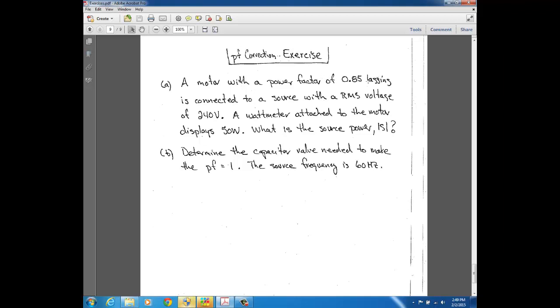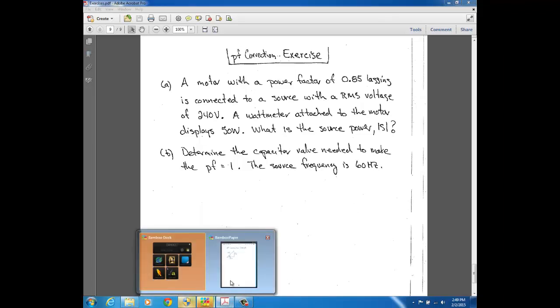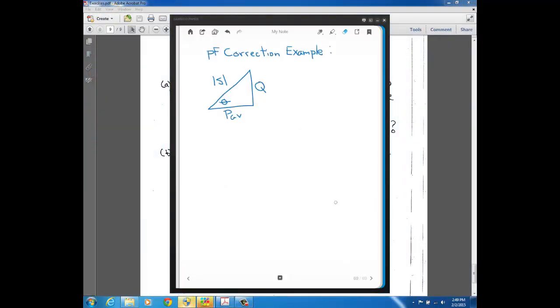We're told we have a motor with a power factor of 0.85 lagging, connected to a source at 240 volts RMS, and there's a watt meter attached to the motor that displays 50 watts, and we want to know what the apparent power is. So we go back here.